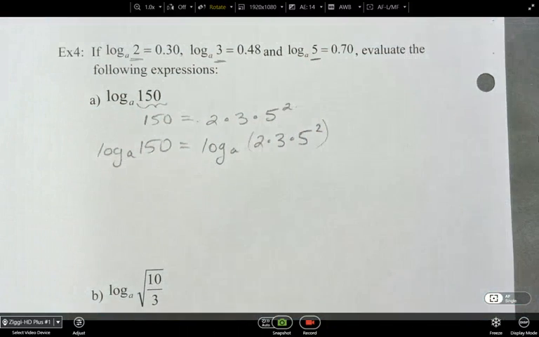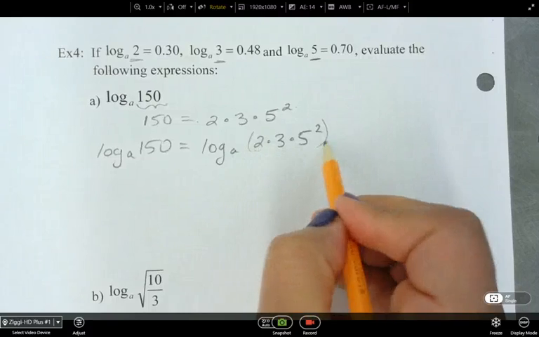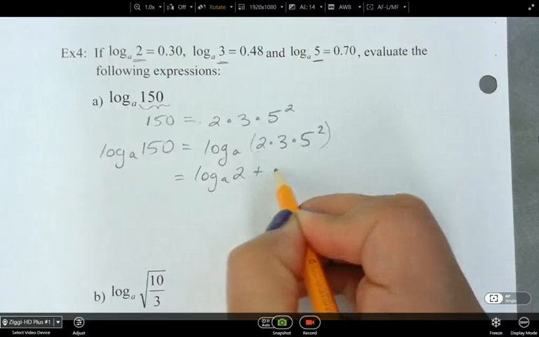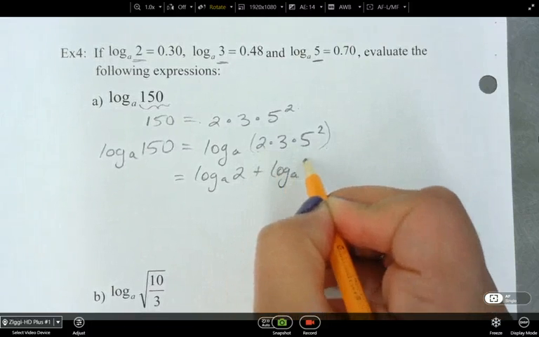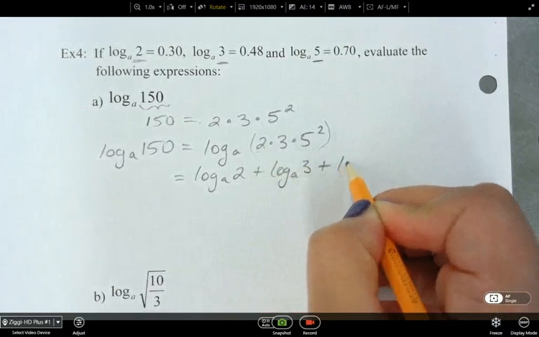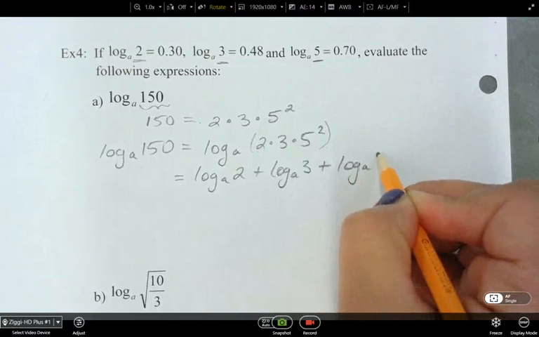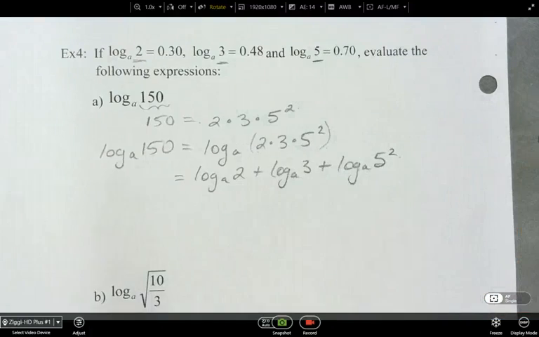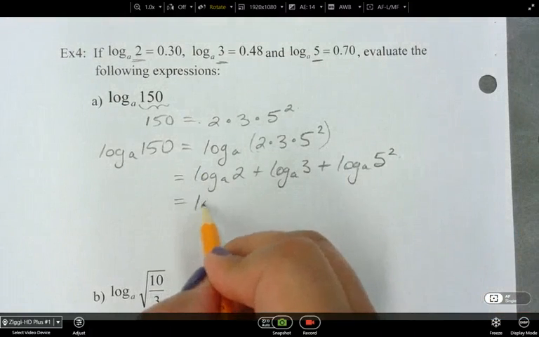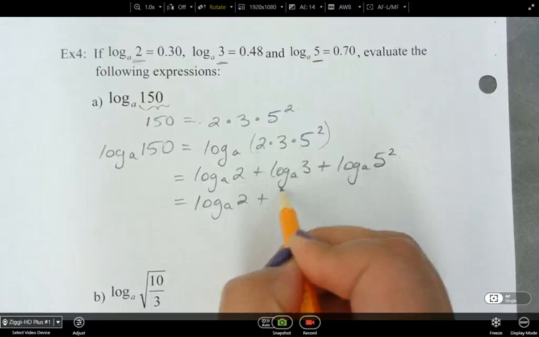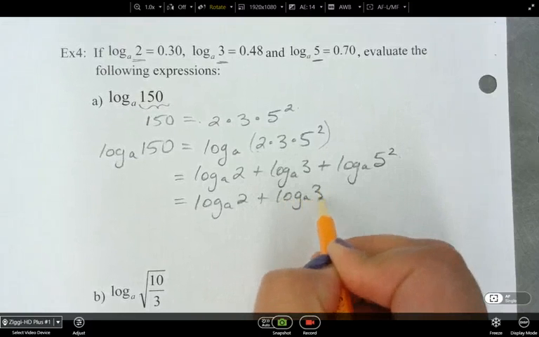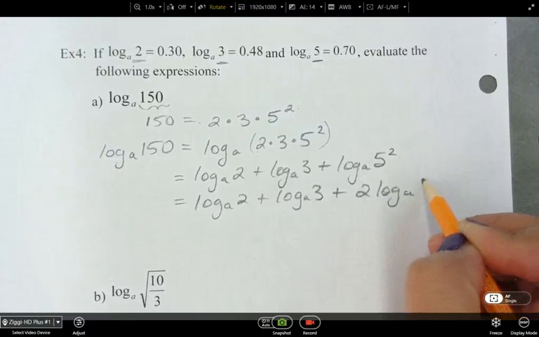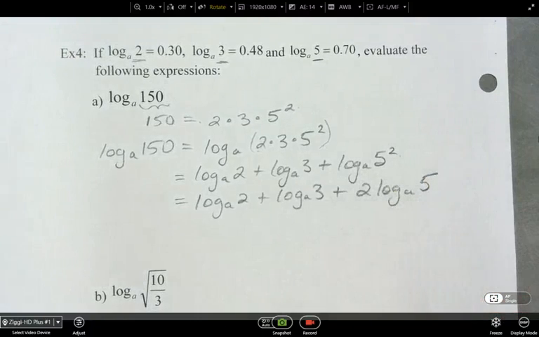Now, using the log laws, since these are all multiplying together, what can I do? Log A2 plus log A3 plus log A5 squared. Now, how can I simplify this? Log A2 plus log A3 plus 2 times log A5.